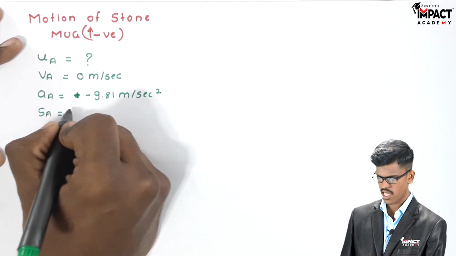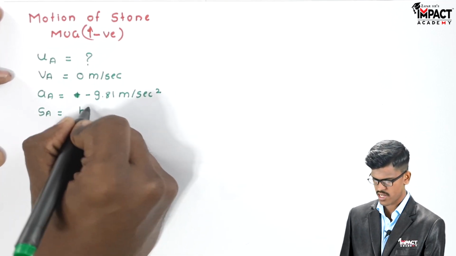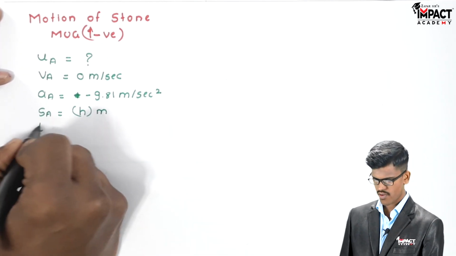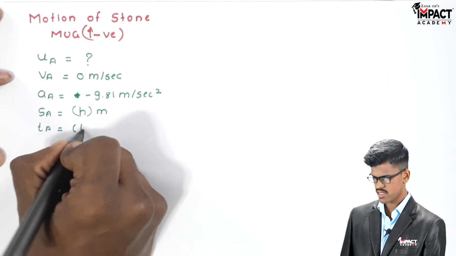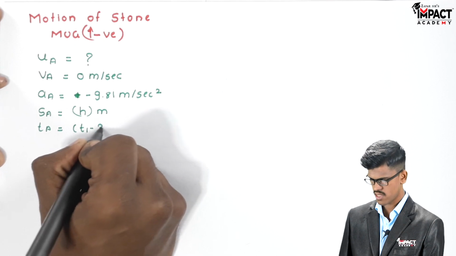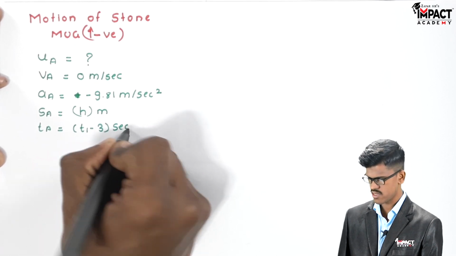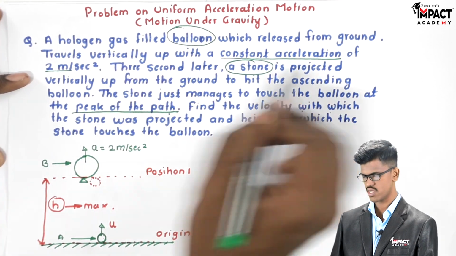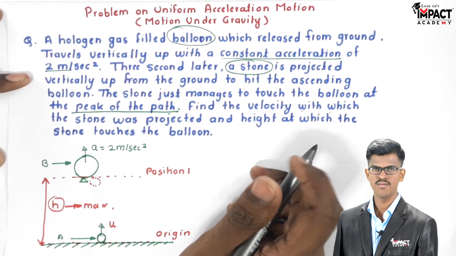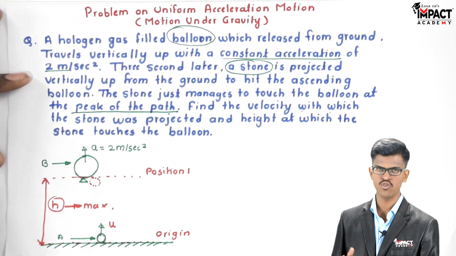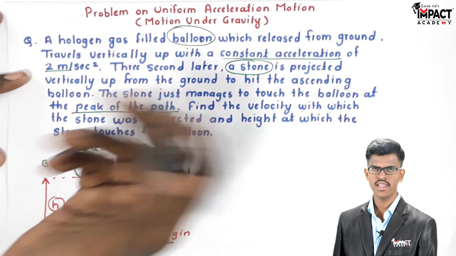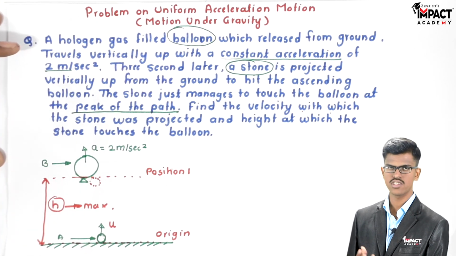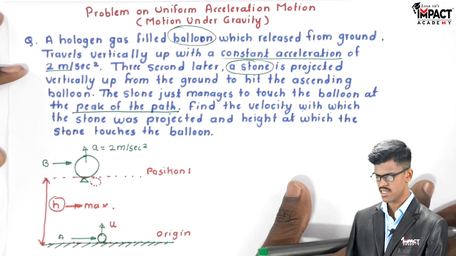The displacement of stone A is h meter, and the time required for A is t1 minus 3 seconds, because they mention that after 3 seconds the stone is projected vertically up. This means if the balloon is in motion for t1 seconds, then the stone is in motion for t1 minus 3 seconds.